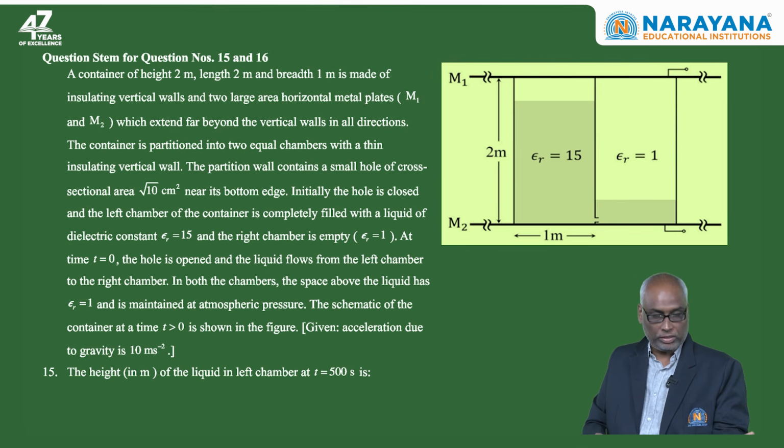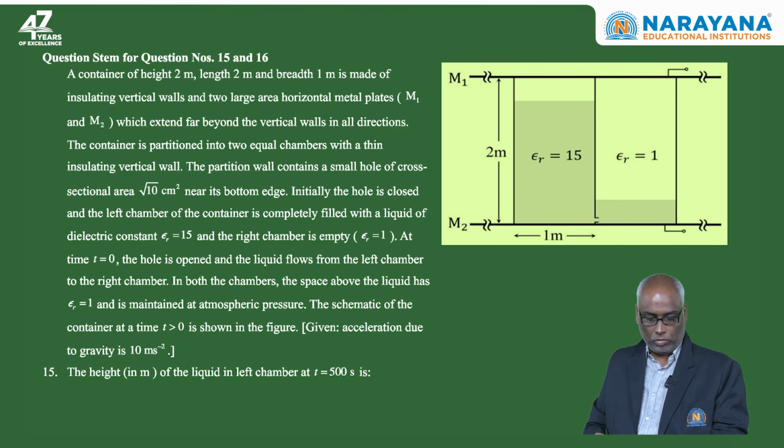So, the stem of the question says that a container of height 2 meters, length 2 meters and breadth 1 meter is made of insulating vertical walls and two large area horizontal metal plates M1 and M2, which extend far beyond the vertical walls in all directions. The container is partitioned into two equal chambers with thin insulating vertical walls.